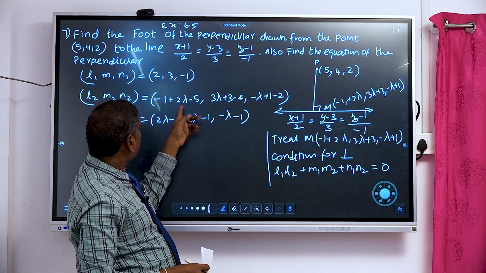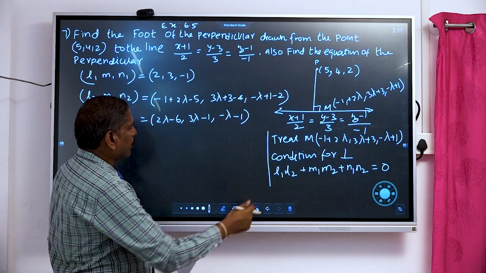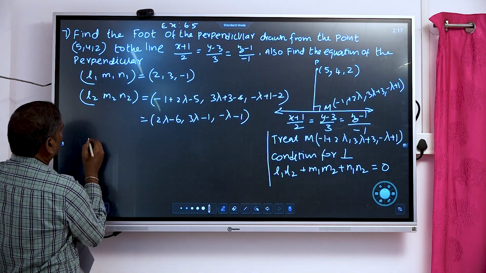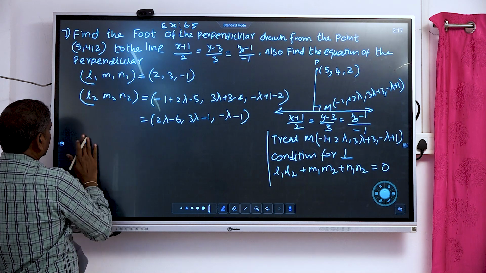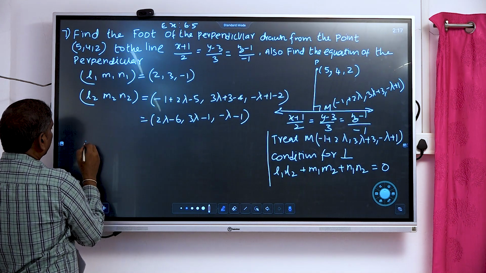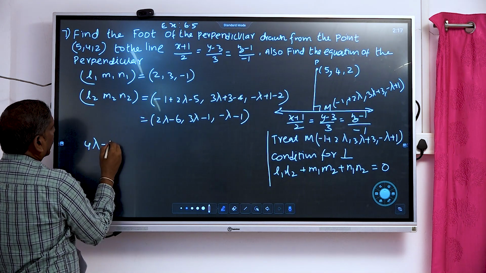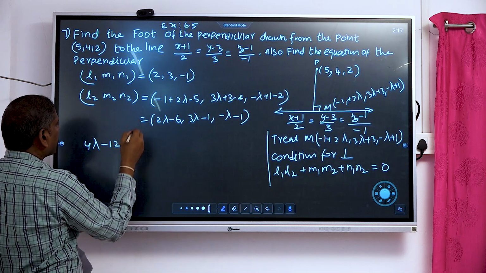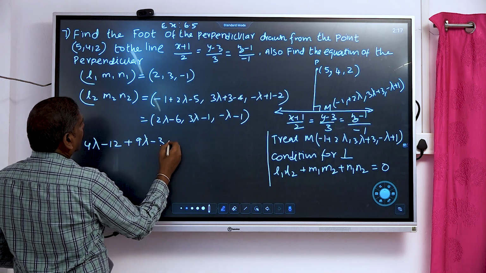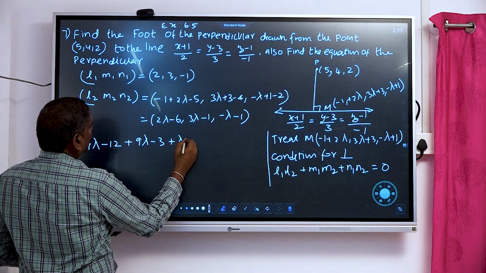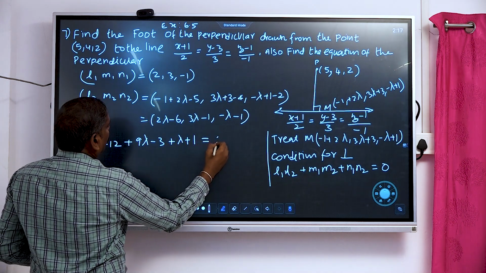Already you have sleeping and you have standing. Now you put it in the condition. So what you will get is multiply both 2, which is 2 into 2 lambda, which is 4 lambda, and minus 12, in the same manner plus 9 lambda minus 3, and again plus lambda and plus 1, that is equal to 0.